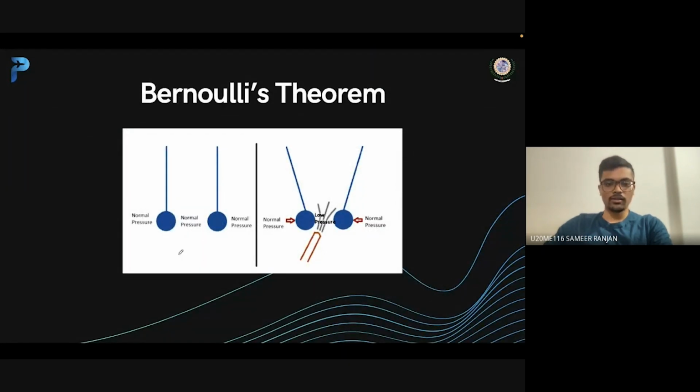You all might recall that when you blow wind between two balloons, they come closer, and that's because of Bernoulli's equation.